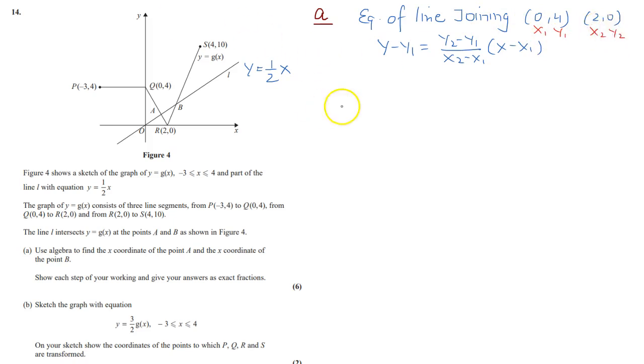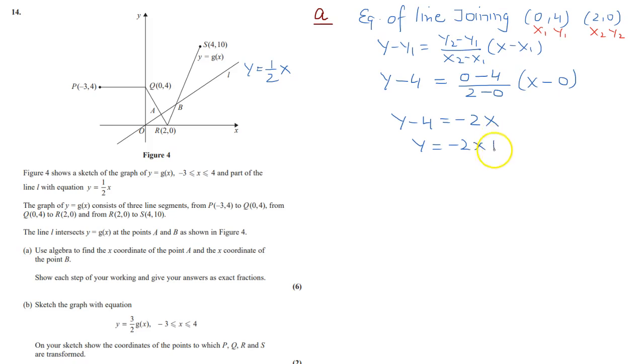So we put these values here. y minus y1, 4, is equal to y2, 0, minus y1, 4, divided by x2, 2, minus x1, 0, times x minus x1, 0. So this is y minus 4 is equal to minus 4 over 2, that is negative 2x. So this is y is equal to minus 2x plus 4.